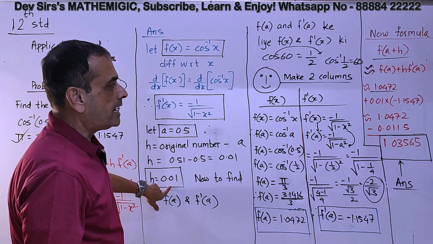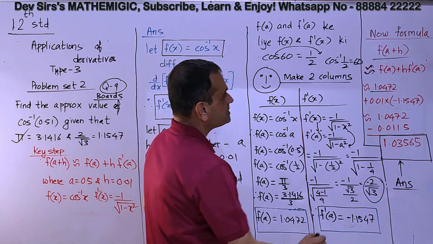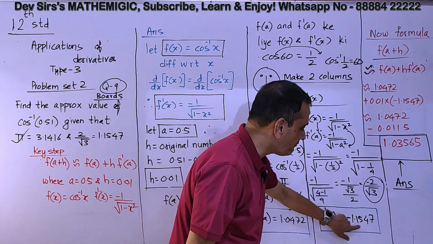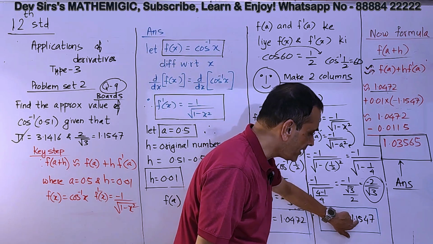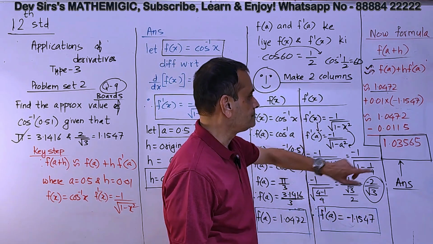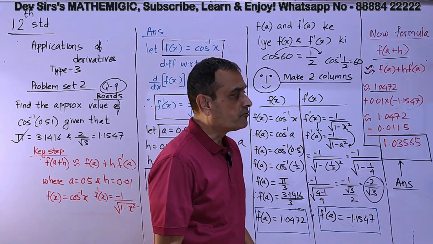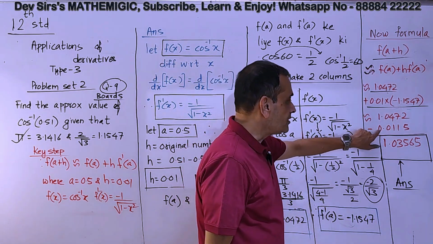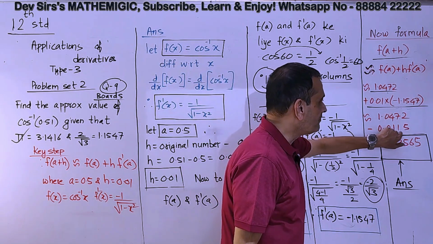Okay, and what is the value of f dash a? Minus 1.1547. Now if you multiply these two, you get 0.0115.